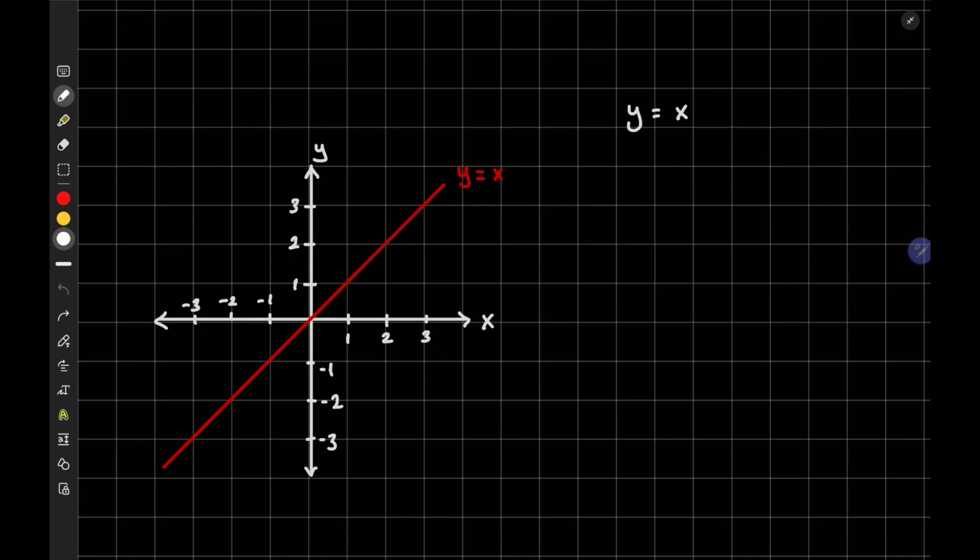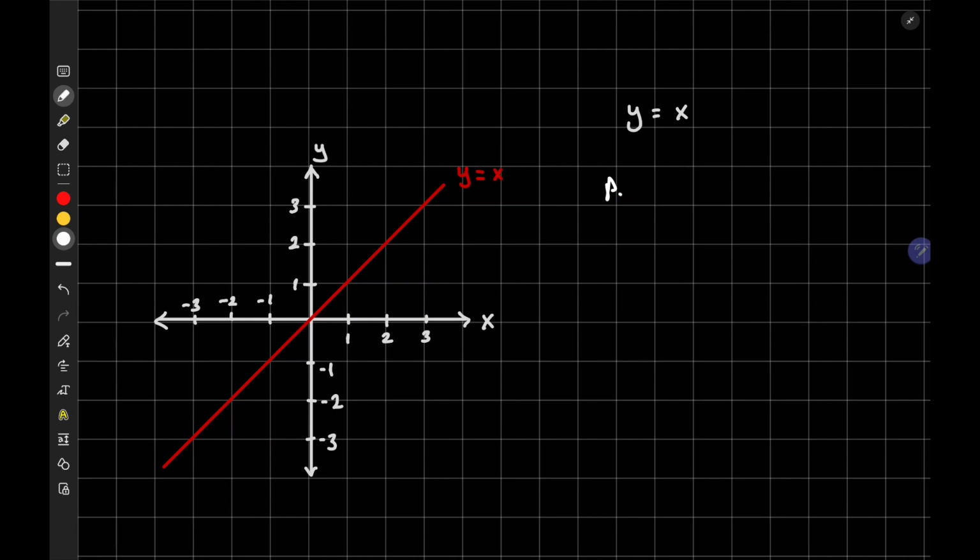So in order to show it with examples, we are going to use the examples from the last video. So we have a line that's y equals x. Again, we are going to determine 2 points.